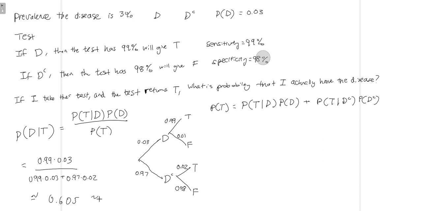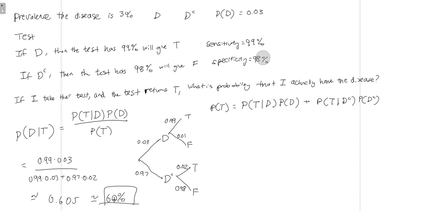So about a 60% chance that if I get a test returning positive, then the probability that I actually have the disease is 60%. So this is a little counterintuitive, where the numbers seem like the test is pretty accurate, but if I actually get a positive, there's actually a 40% chance that I don't actually have the disease.